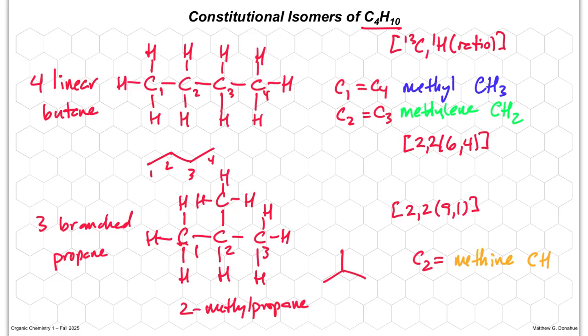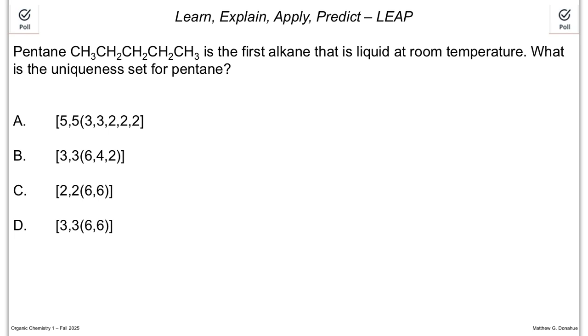Any questions? So let's put this to practice and see if we understand it. We're going to go up now to pentane. So once we get to pentane and above in carbon count, there's a line between the T and the A. The ANE tells you that it's an alkane.